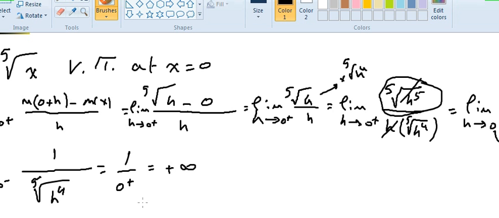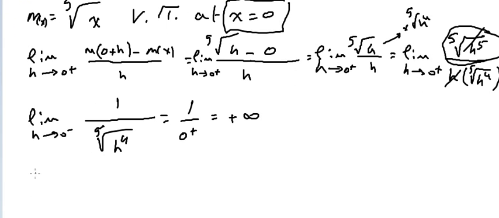Okay, what else? We have a vertical tangent, right? At both sides of x equals 0, because we took h approaching 0 plus and 0 minus, we have the secant slopes going to infinity, so we don't have differentiability.